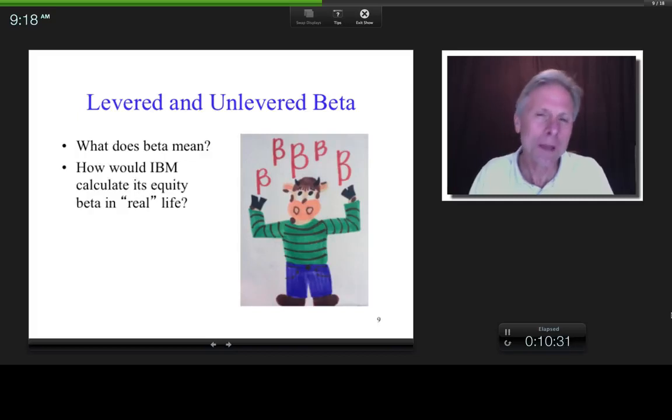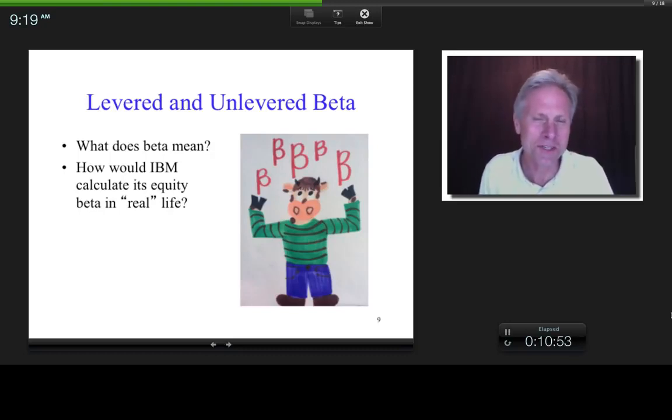So, in real life, therefore, what two pieces of information do we need to estimate what beta is? Because after all, in theory, is beta like a stock price where it changes on a second-by-second basis? It is, right? But we're forced to estimate beta.